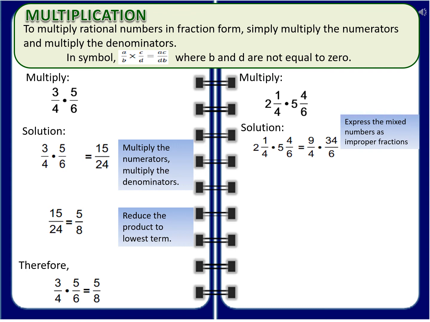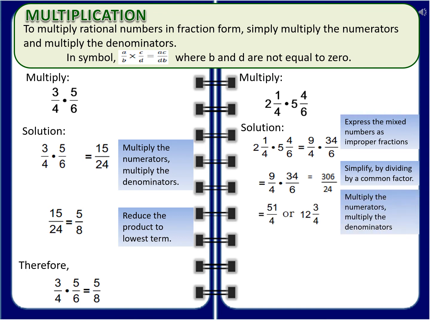And 6 times 5 is 30 plus 4 is 34 over 6. Then we simplify by dividing by the common factor. So 9 over 4 multiplied by 34 over 6 is 306 over 24, or 51 over 4.